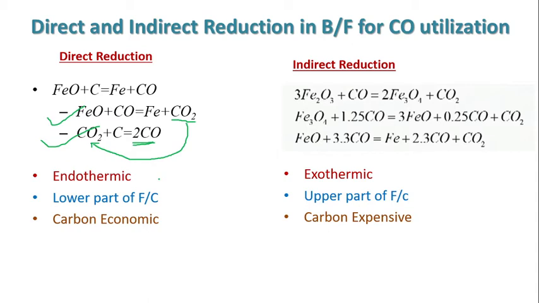But it is carbon economic, because if we compare with indirect reduction of FeO, here only 1 unit of carbon is utilized, but there 3.3 moles of carbon monoxide are utilized. So direct reduction is carbon economic, but indirect reduction is carbon expensive.